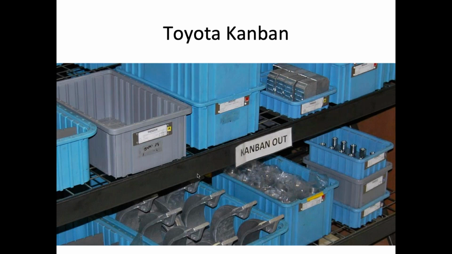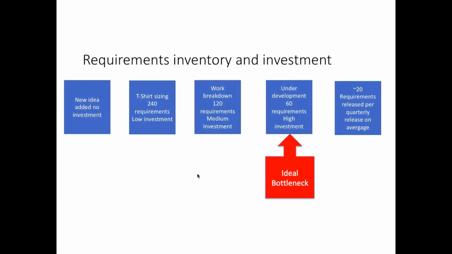For software, we have similar challenges. We need to think about our requirements inventory and our investment in that. You can start with coming up with an idea for a new feature or new capability, and then eventually you're going to move it into something, maybe t-shirt sizing or Fibonacci numbers, to just figure out whether it makes sense so you can prioritize whether you should work on it or not.